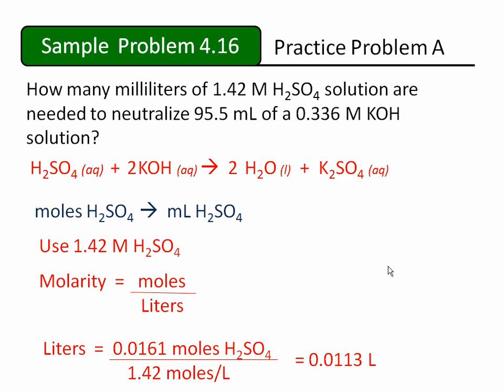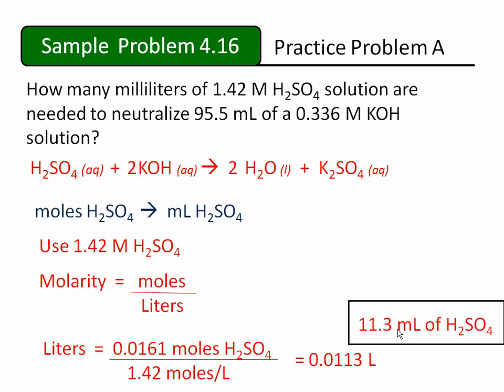In one more metric conversion, we could solve for the number of milliliters of sulfuric acid that are needed, and I'm not going to show the work for that because I know you can all carry out that metric conversion. The final answer to this problem would be 11.3 milliliters of H2SO4.